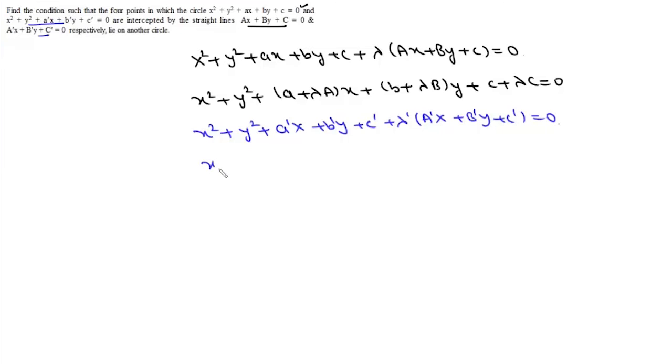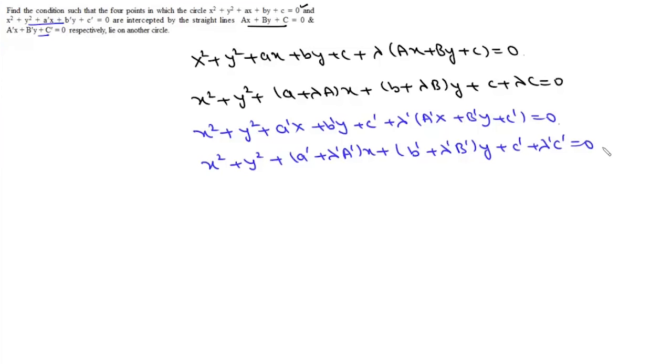Now we can rewrite this equation as x square plus y square plus (a dash plus lambda dash A dash) x plus (b dash plus lambda dash B dash) y plus (c dash plus lambda dash C dash) equals 0.